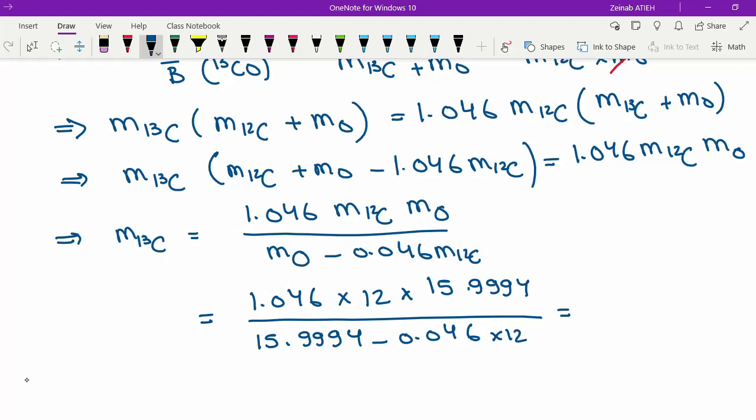After calculating this number, we will get 13.000535 atomic mass units. Mu is the atomic mass unit, or it can be written as AMU. Both of them are correct because you are trying to find the mass of one carbon atom.